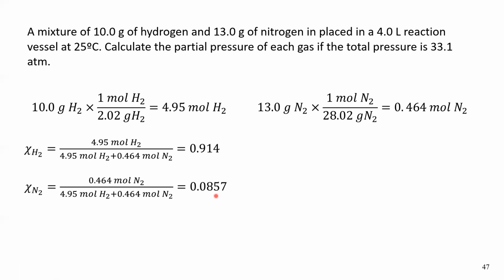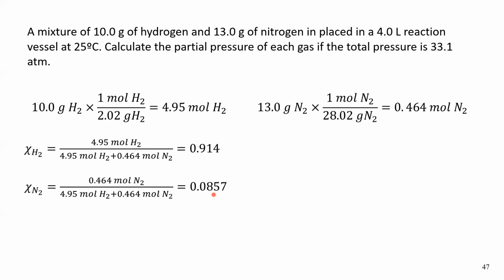Again, it really means 8.57% of that mixture is nitrogen gas, but we're going to leave it in the decimal form, and we call that our mole fraction. Now, one of the things we can do to check our answer is if we were to take the mole fraction of hydrogen and add it to the mole fraction of nitrogen, it's going to equal 1. It's kind of like saying taking the percents, it's going to add up to 100%.